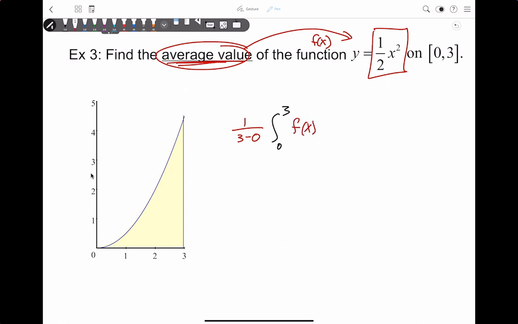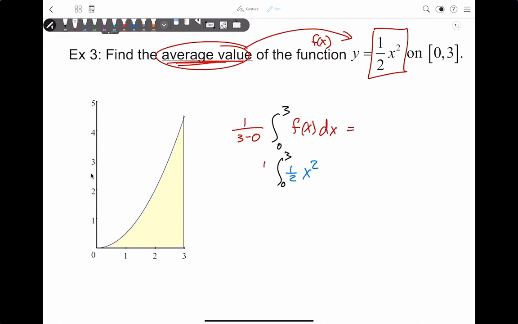There's not a one level jump up. It's exactly what you're trying to take that goes into the integrand. So we know that f of x is 1/2 x squared, then everything else stays the same from 0 to 3, and now it's 1 over 3 dx.